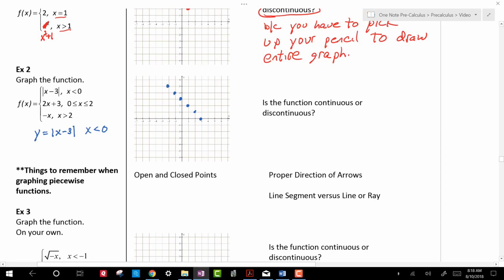And the reason I'm doing that is because I need x less than 0. So when I actually got to x equals 0, I should have put an open circle there. And then I'm going to come back and erase these guys that are on this side. Now, once you get a little better about this, they're a lot easier to do, but that's the first piece of that graph right there.